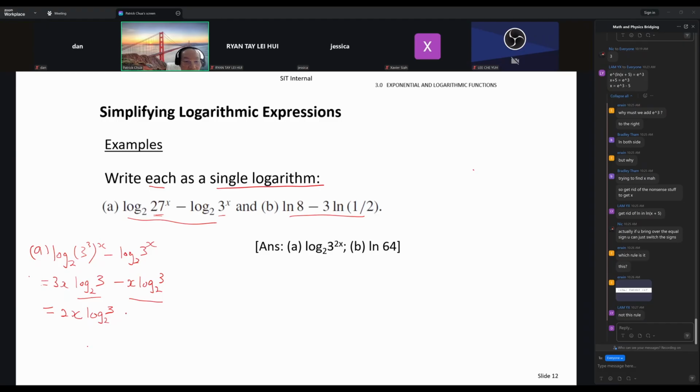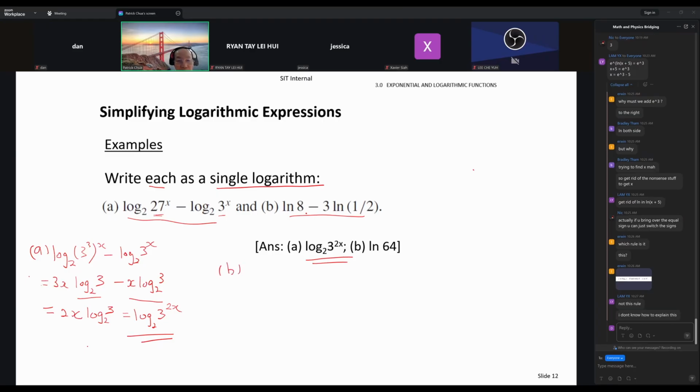Then you put it back into exponential form, it becomes log to base 2 of 3 to the power of 2x. There. Okay, so you convert these two logarithm terms into just one log term because you write it as a single logarithm.